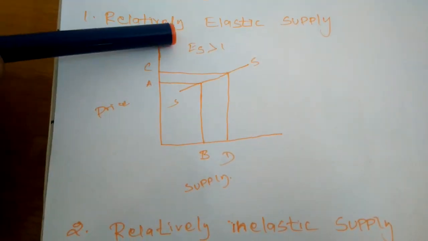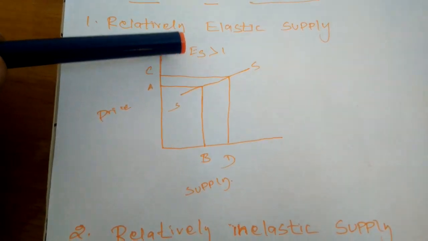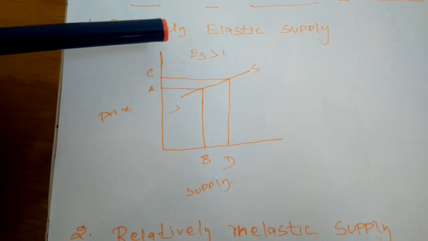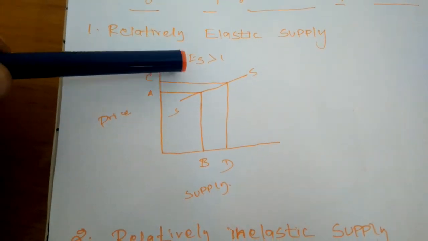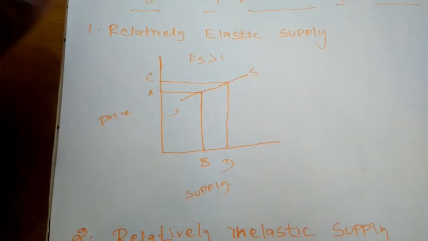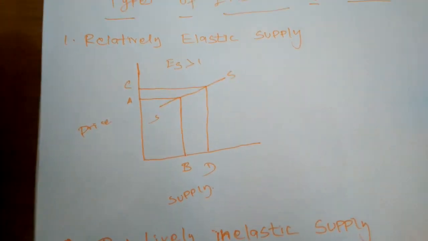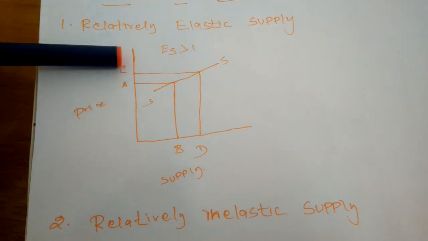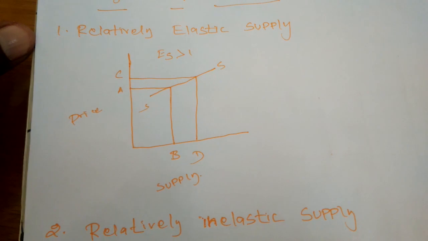Here we have to note one thing about the elasticity of supply. The supply is said to be relatively elastic when the elasticity of supply is greater than 1. That is, if the price increases 1%, the supply of the commodity increases 2%.